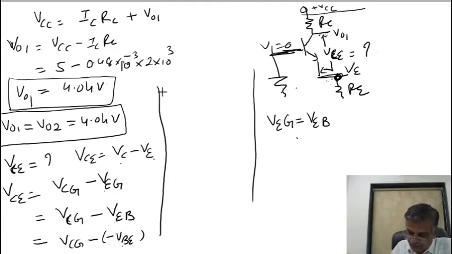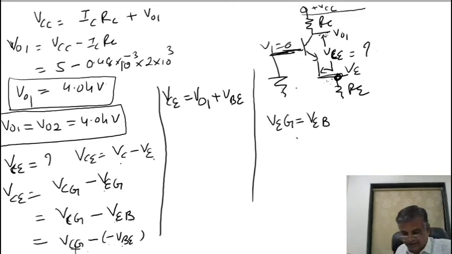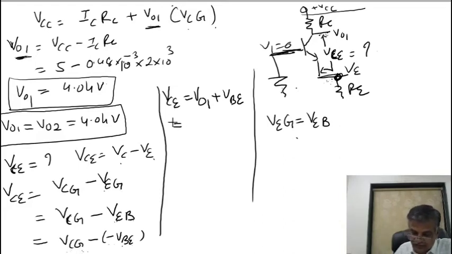So VCE, VCG. What is VCG? VCG is VO1. What is collector voltage with respect to ground? This is nothing but the collector voltage with respect to ground. VO1 is, so this collector voltage with respect to ground is what? VO1. So what VO1 should I write?